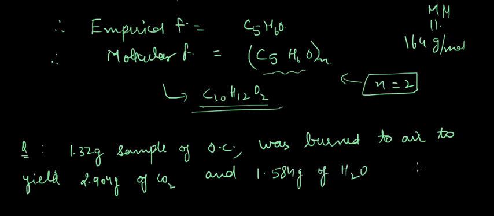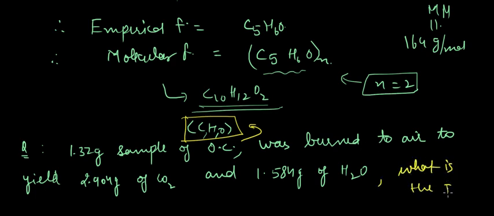Okay, so if the original compound contained only C, H, and O, it's already given in the question that it's an organic compound which contains C, H, and O. What is the empirical formula of the organic compound?